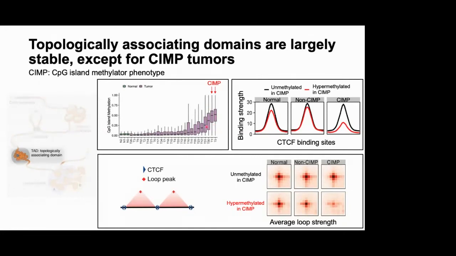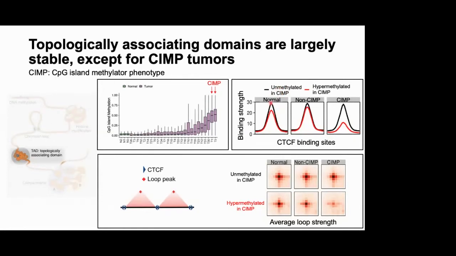The reason why this is important is because whenever a CpG island is hypermethylated, it inhibits the binding of proteins. For example, what I'm showing here is that we divided the CTCF binding sites that were hypermethylated in these tumors, and we also defined a set of non-hypermethylated CTCF sites.